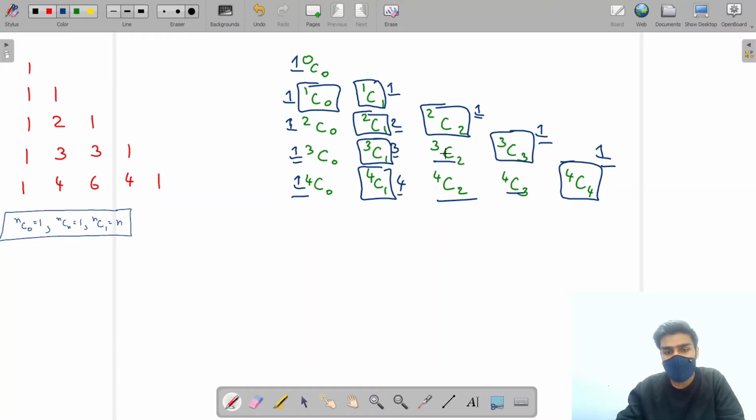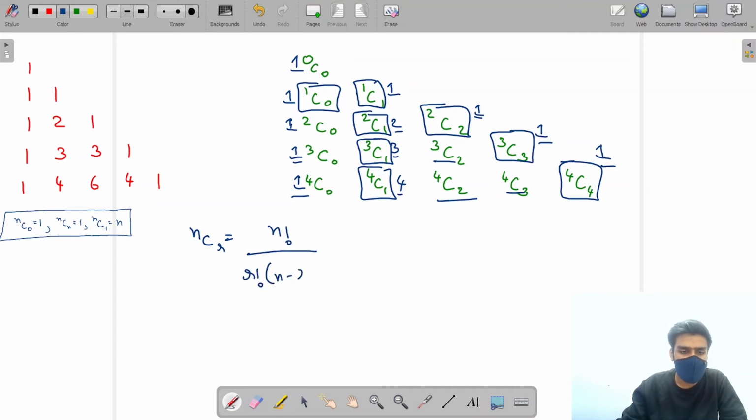Alright. So to find these 3 elements, we have another formula. And the formula is NCR is equal to n factorial upon r factorial into n minus r factorial, which means let's calculate it. So let's say 3C2.